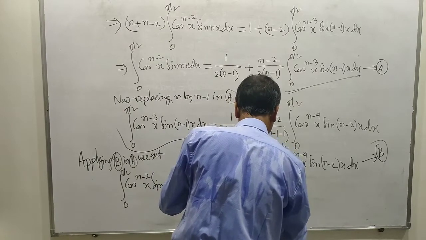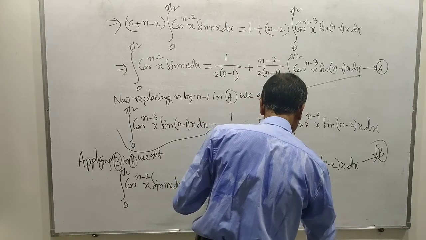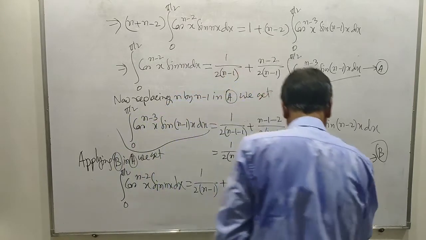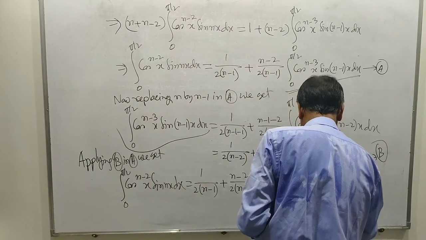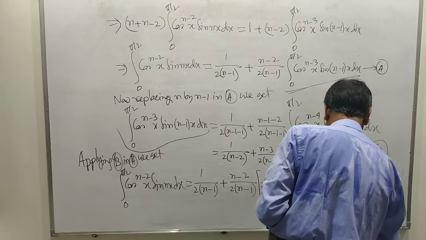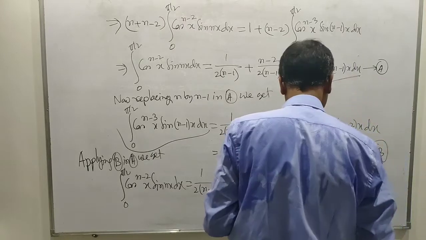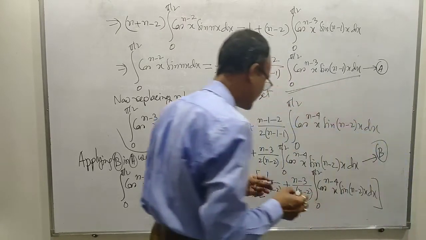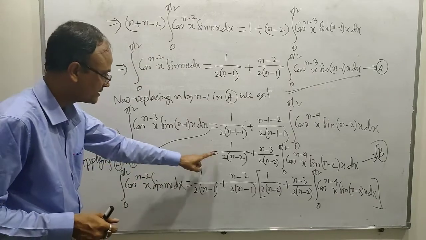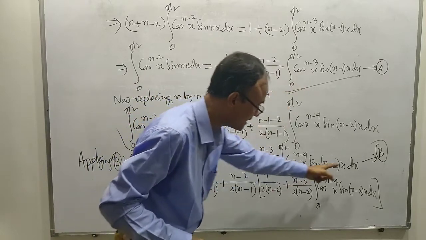We shall write 1 by 2 times of (n minus 2) plus (n minus 3) by 2 times of (n minus 2), integration of 0 to pi by 2 cos to the power n minus 4 x sin (n minus 2)x dx. Right? We have applied B in A. This integral has been replaced by the right hand side of it.